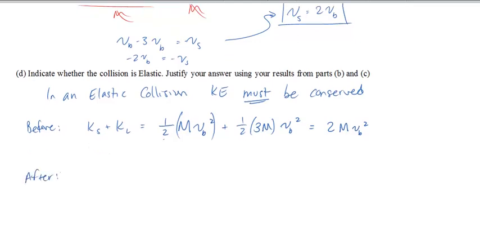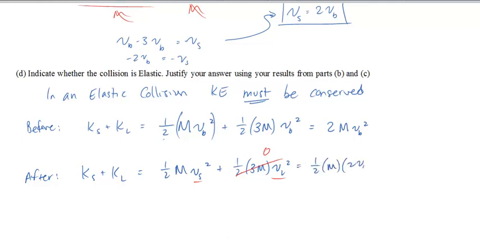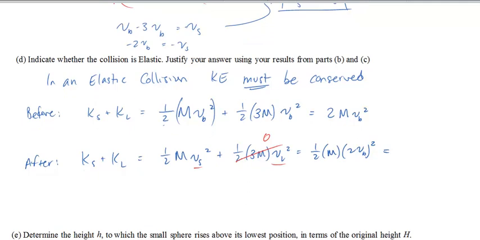The after, small plus large. Well, the small is 1/2 m VS squared plus 1/2 times 3m times VL squared. Those were the two velocities after the collision. Well, if you recall, VL was 0, so that goes away. And VS was 2VB.